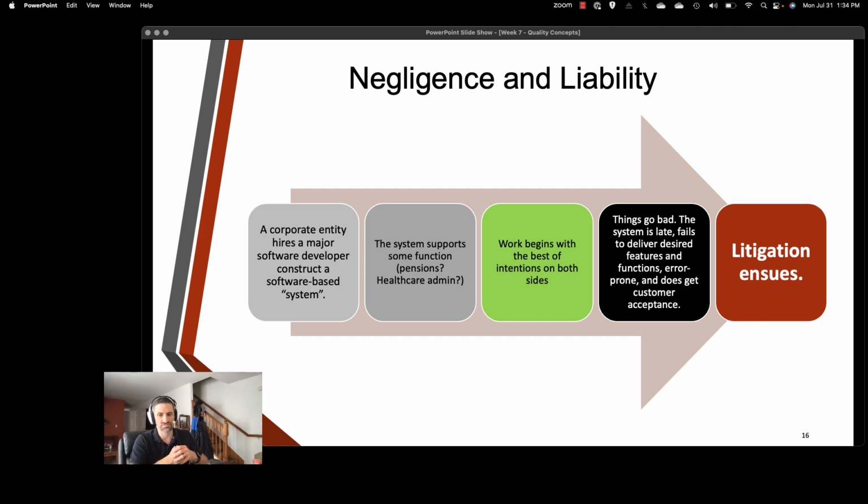Now there's a litigation to handle. So this is really the importance of ensuring quality, because these things destroy software companies or whatever company's producing the software. Something to keep in mind.